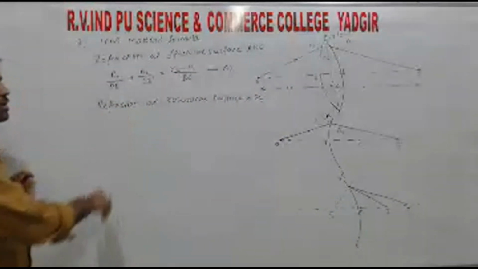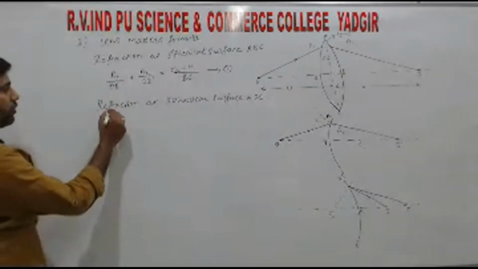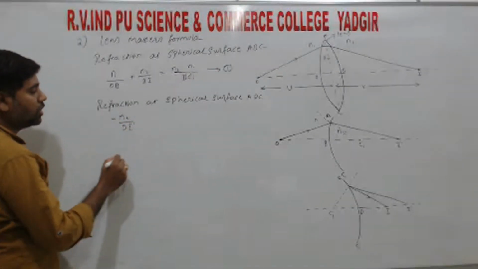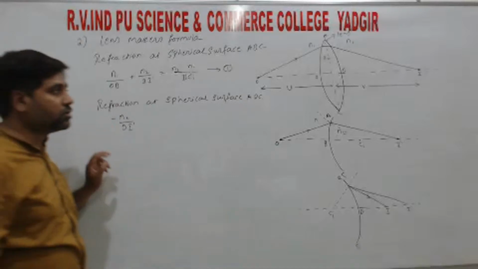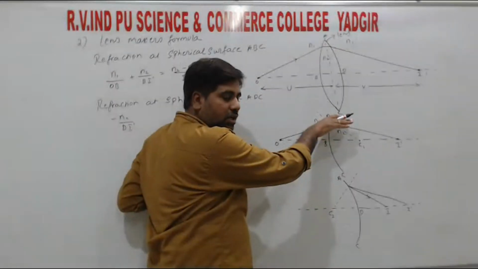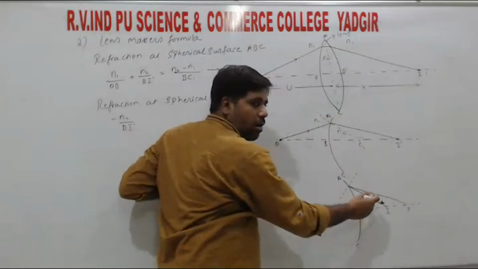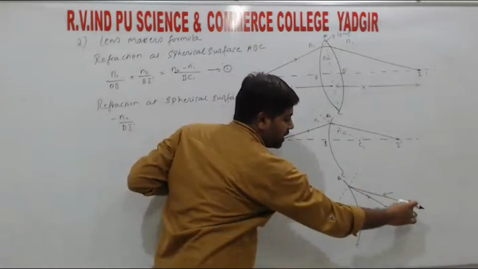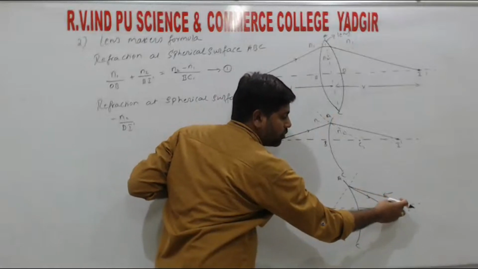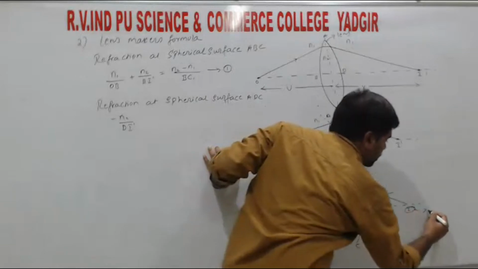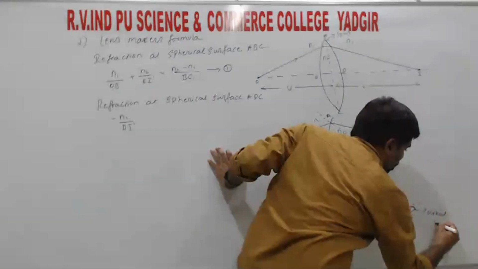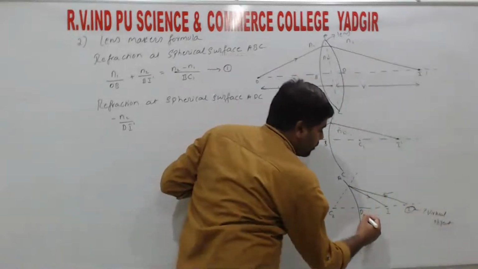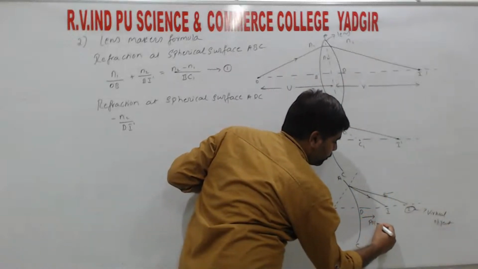So for refraction at the spherical surface ADC, we take minus n1 divided by di dash. Why are we taking a minus? Because the incident ray is in one direction, while we are measuring in the opposite direction. This is the incident ray, coming from the virtual object. Distances are always measured from the pole, right?